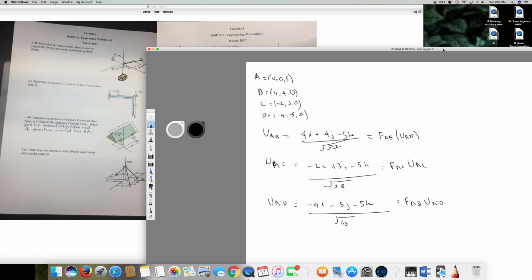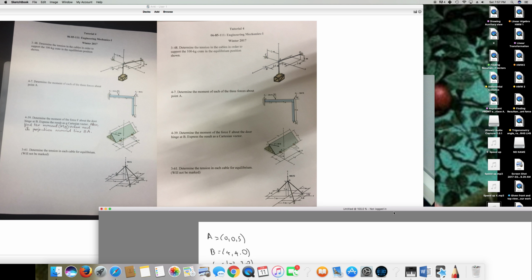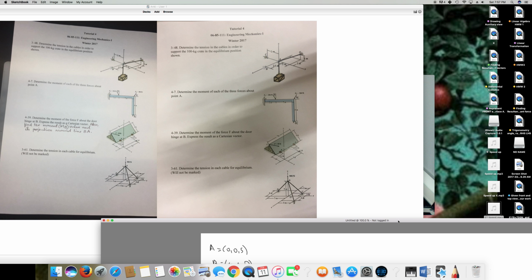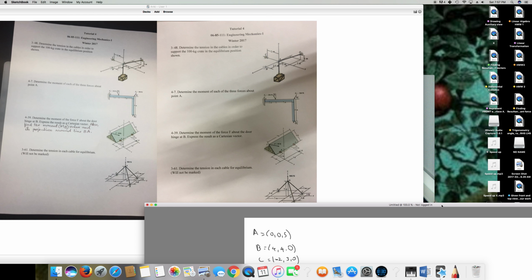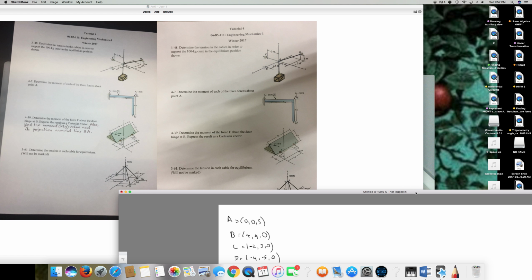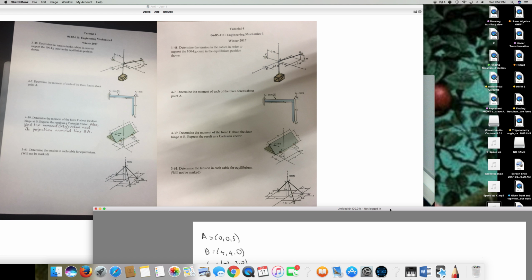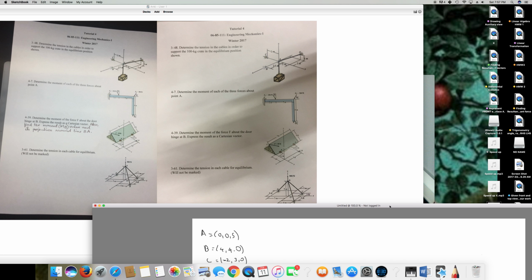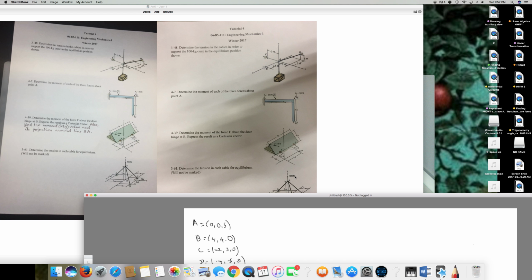So this is going to be my value. Now what do we have to do? Since this is in equilibrium, I can add all of them together and say it's equal to 0. And we shouldn't forget that there's an 800 newton force acting upward, in the Z direction. I have to add that one too.